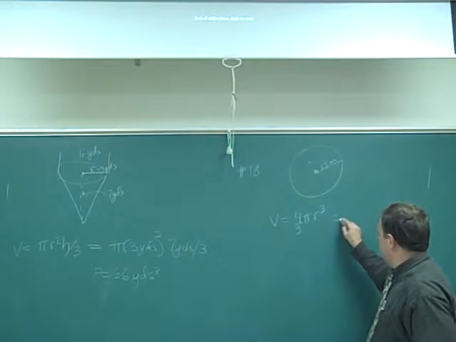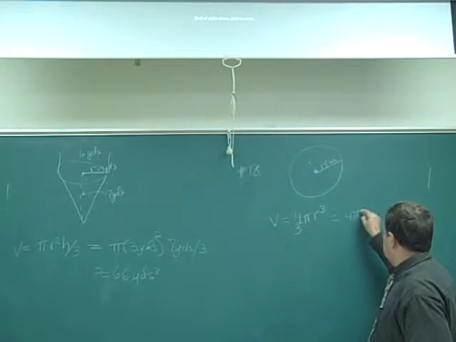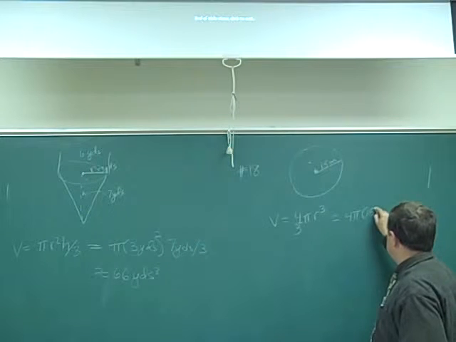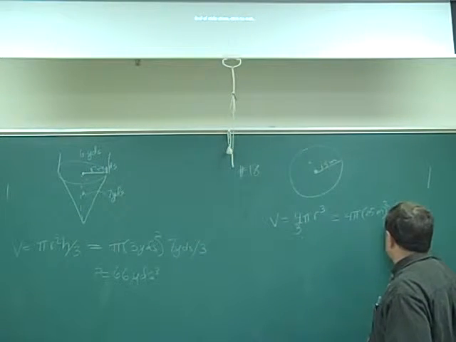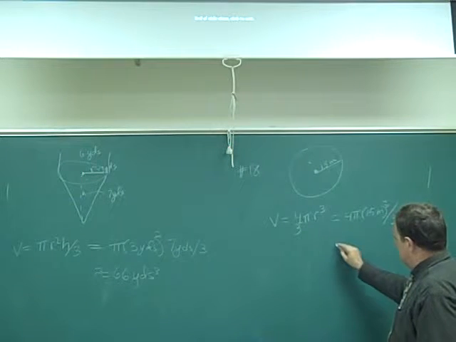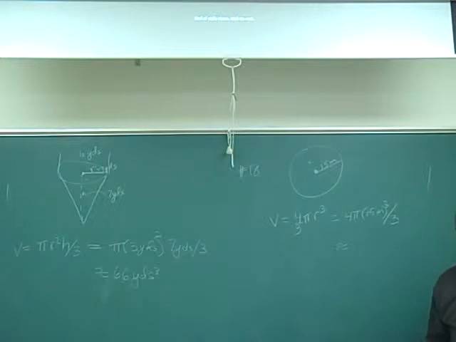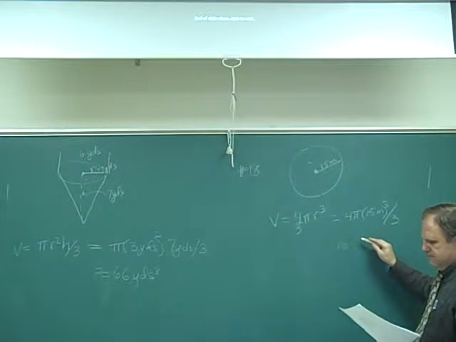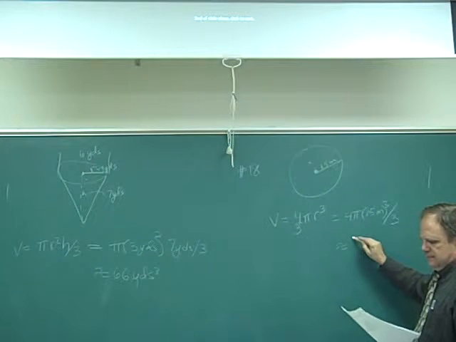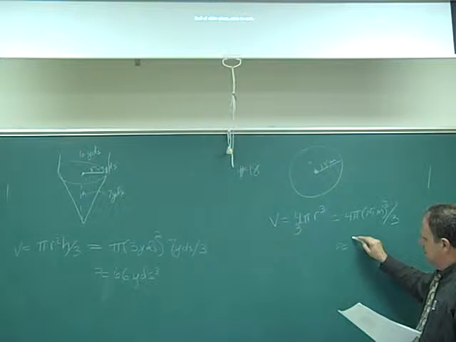So we're going to write this as 4 pi times 15 meters cubed, and then we're going to divide the 3 on the end. Okay? And so we calculate that out. Does anybody get a number? Give you a hint.